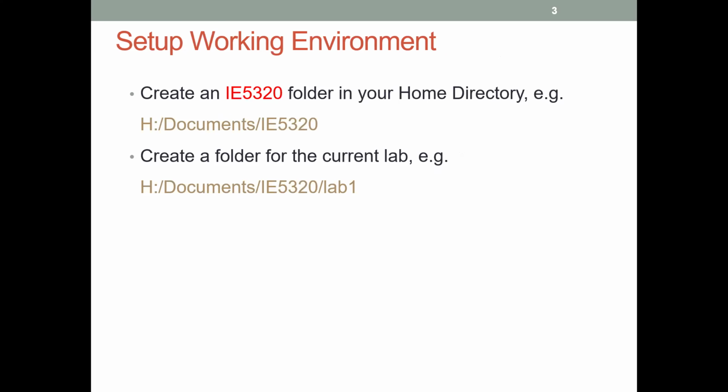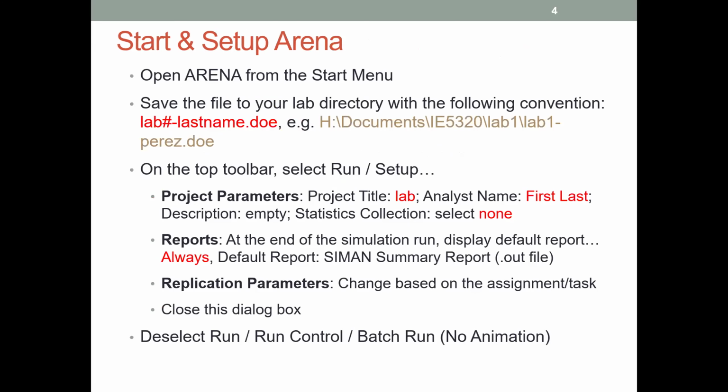As always, remember to save your work, right? So make sure that you are saving every time you make some significant progress on your model, that you keep saving. And then this is how you set up your experiments, right? So every time you save, you're also going to be setting up your model in terms of project parameters.